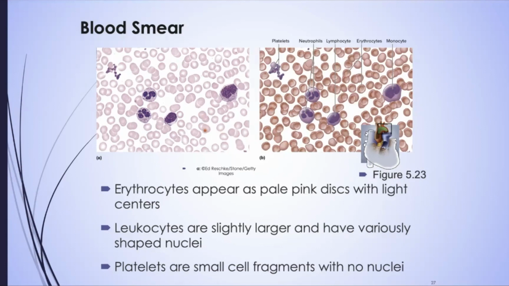But this is what you're really looking at underneath a microscope. These are your red blood cells or your erythrocytes. These are your leukocytes. It's labeling them very specifically: neutrophils, lymphocytes, monocytes. And your platelets are going to be the smaller fragments that do not contain nuclei. So you look over here, these are your platelets. And they drew them out for you. They do not contain nuclei.